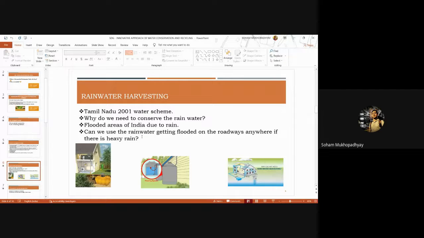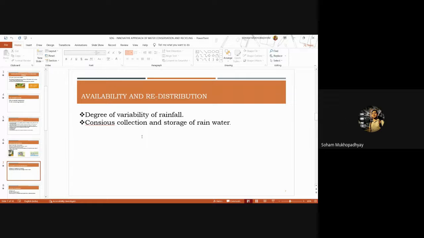Let us talk about availability and distribution. What is the degree of availability of rainfall? Availability and distribution of available water assume prime importance in sustainable development of arid regions, which if available adequately can support intensive biotic population.